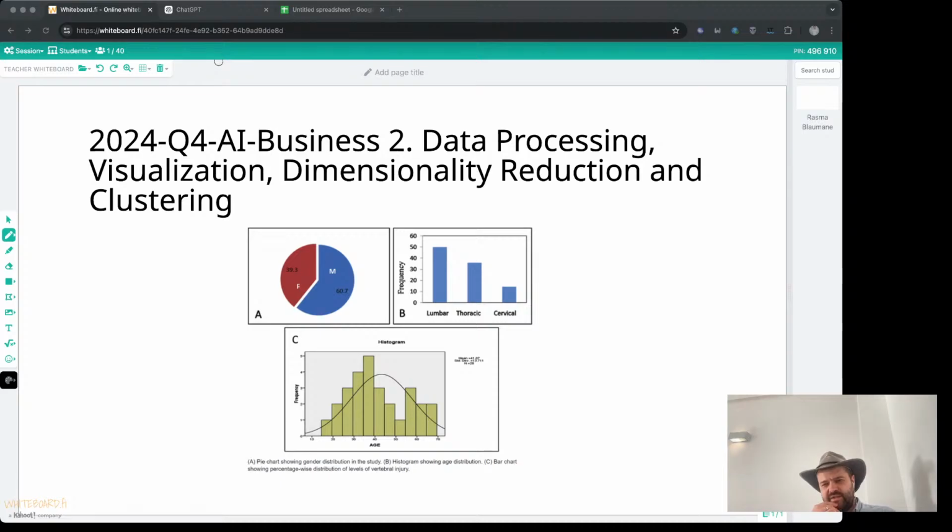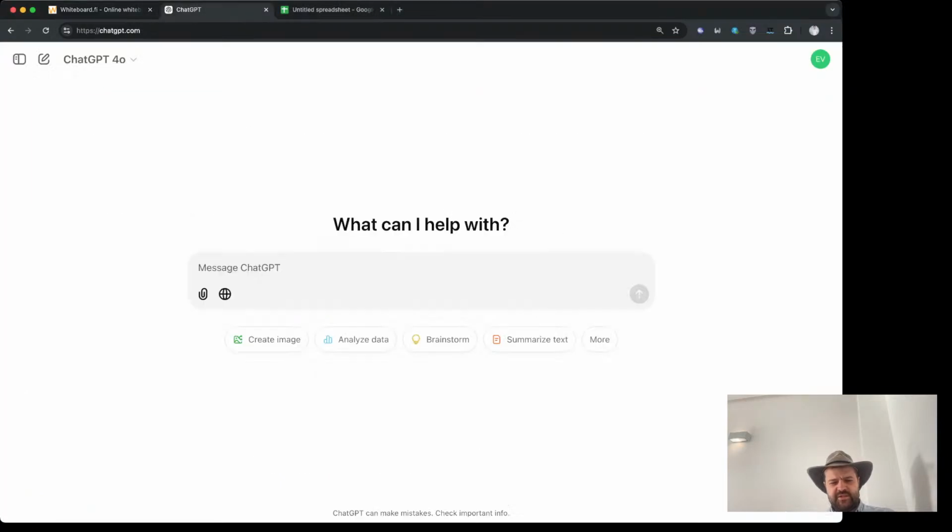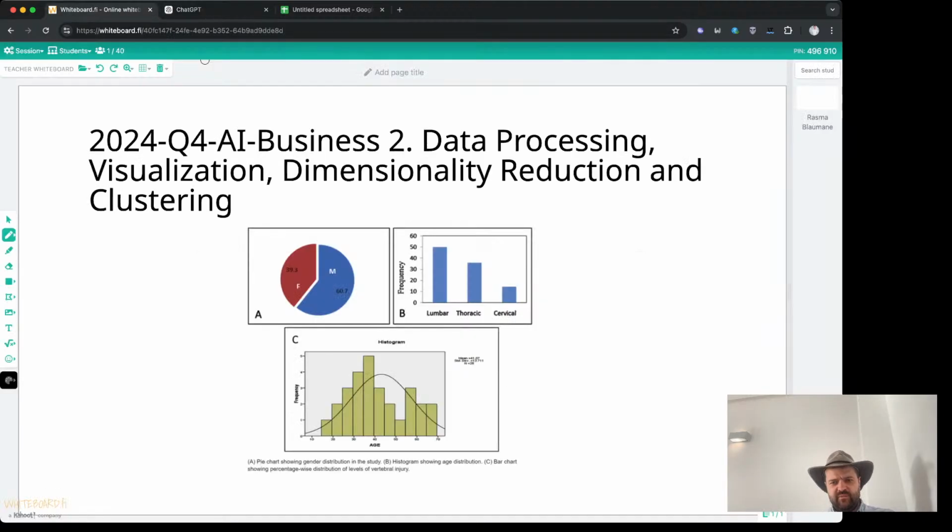The idea is that the free version does not give you the option to upload Excel files, spreadsheets, and so on, which is the key for making sure that you can process data. And actually there are many reasons why you need the paid version.